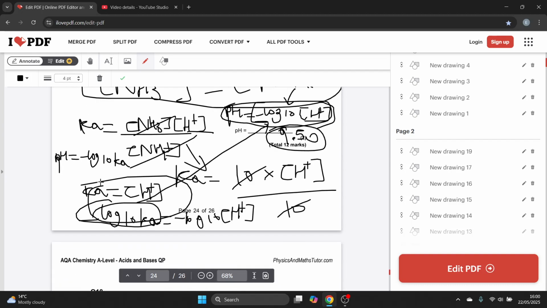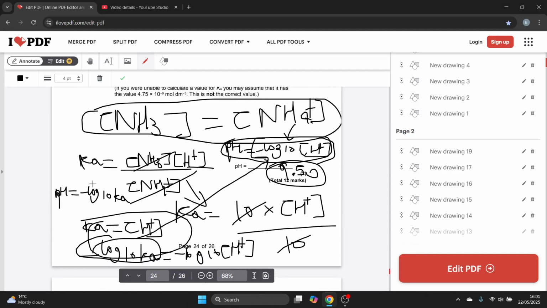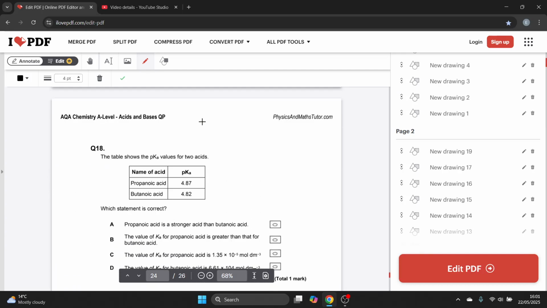And then with minus log 10 Ka equals minus log 10 H plus, I just replace minus log 10 H plus with minus log 10 Ka. Therefore, pH now becomes minus log 10 of Ka. I've got Ka from part D, and then substitute into the question. Very difficult, but also very, very useful question.